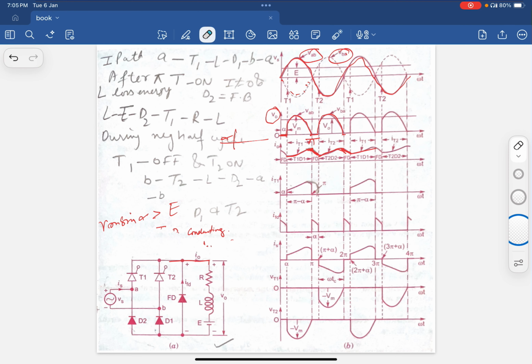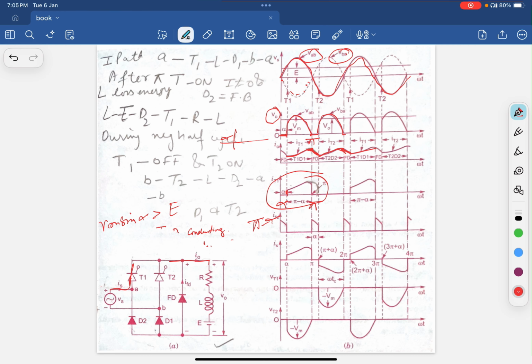Also if we look at the condition of the thyristor, IT1 is the current through the thyristor T1. It starts conducting here from the instant alpha to pi. So what is the conduction period? It is pi minus alpha.